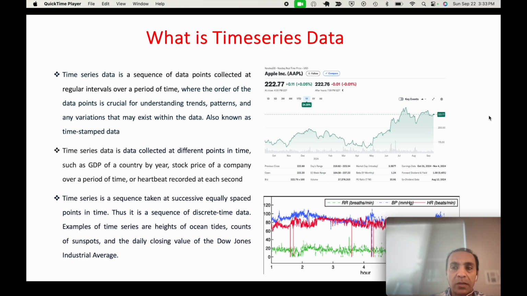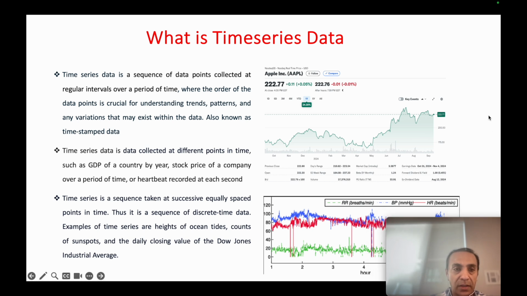And this is also known as time-stamped data. Time series data is data collected at different points in time, such as GDP of a country by year, or stock price of a company over a period of time, or even a heart rate recorded at each second. So that's all time series data.